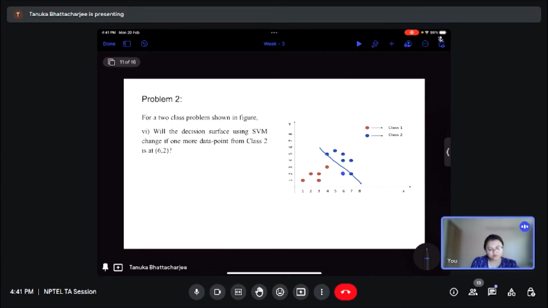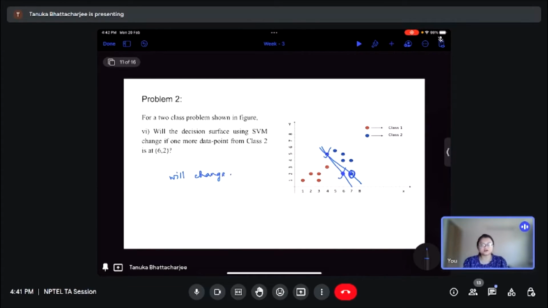Now you have one more data point and your class boundary has now become this. So now your support vectors have changed. This and this have become your support vectors from class 2. This is no longer your support vector. So once your support vectors have changed, your decision surface will also change. So in this case, your decision surface will change. I hope this is clear to everyone.